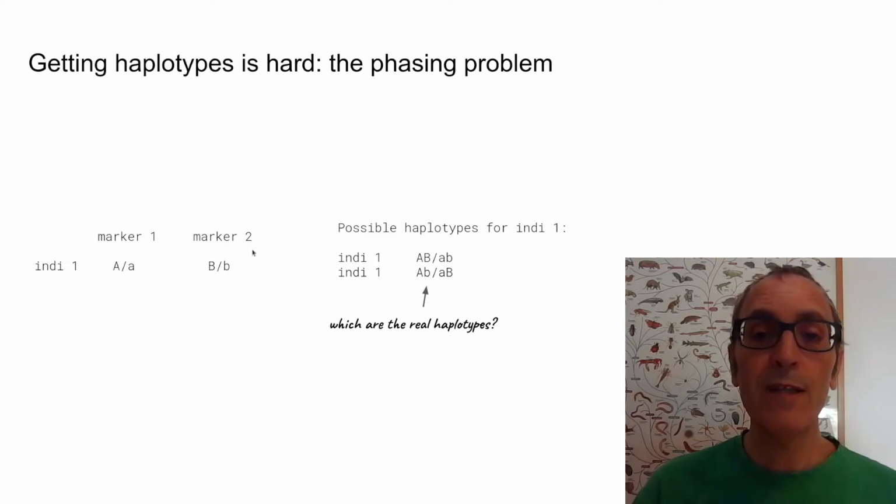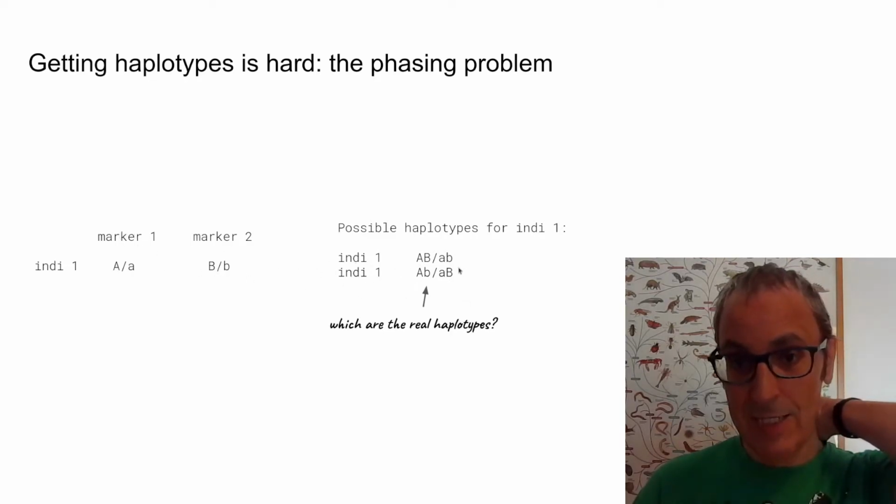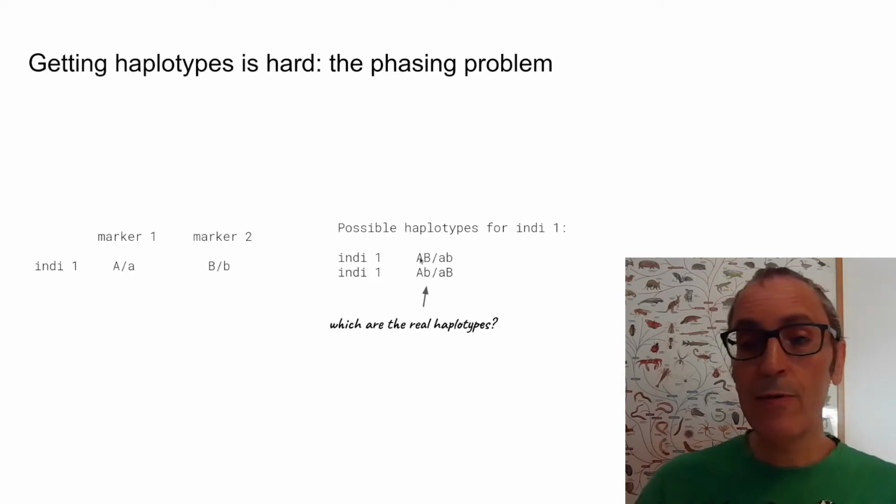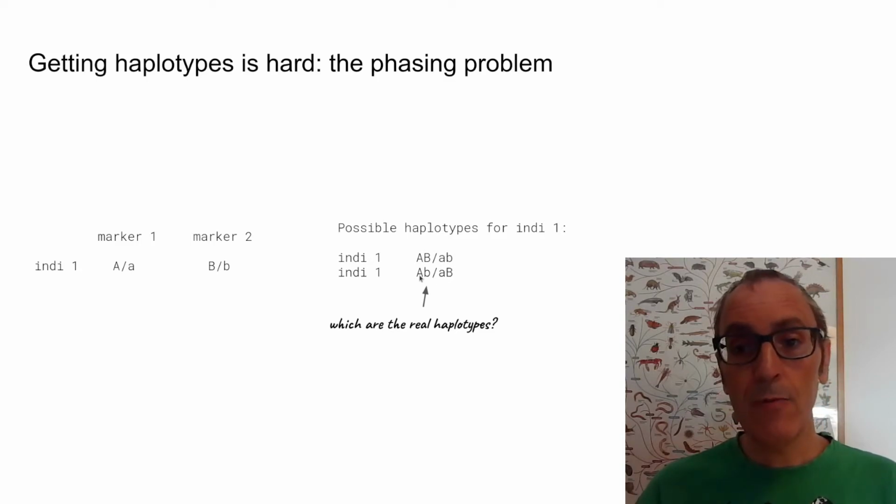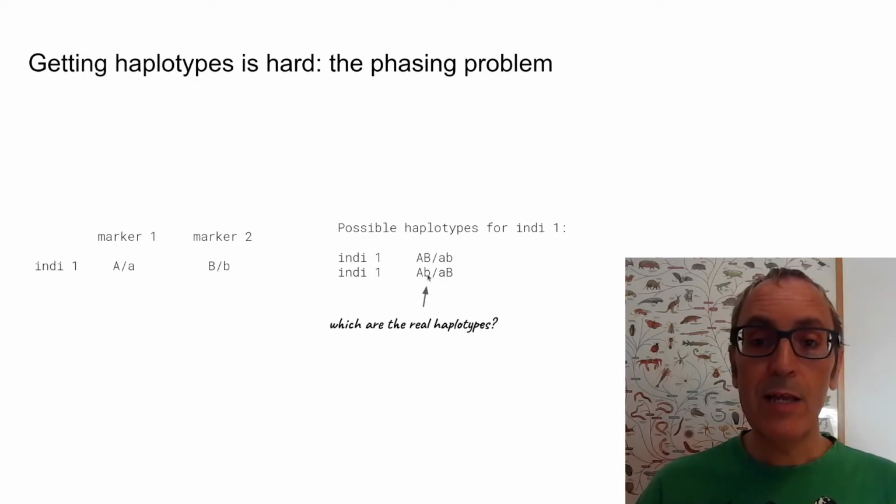We could have that the haplotypes are capital A, capital B, and lowercase a, lowercase b, or alternatively we could have capital A, lowercase b, lowercase a, capital B. So from the individual genotypes, we cannot directly calculate the haplotypes.